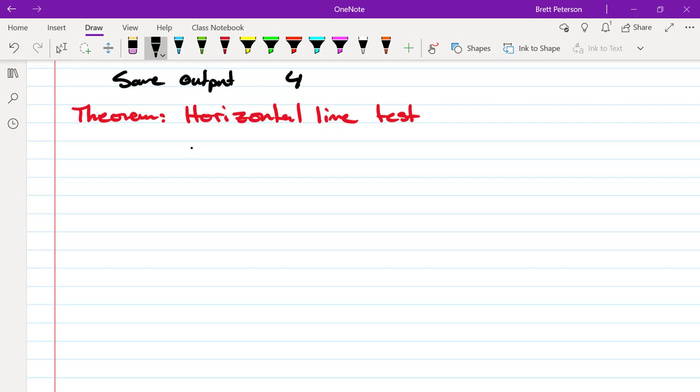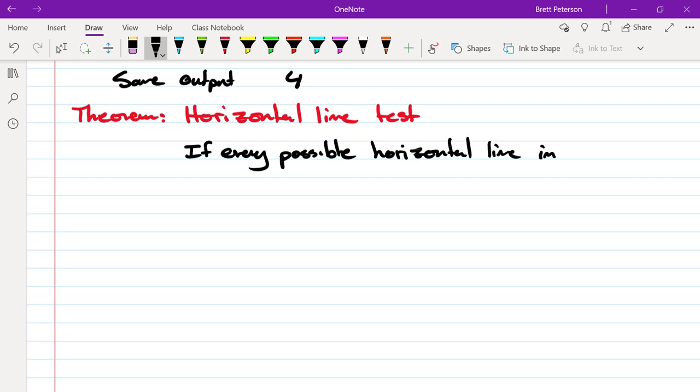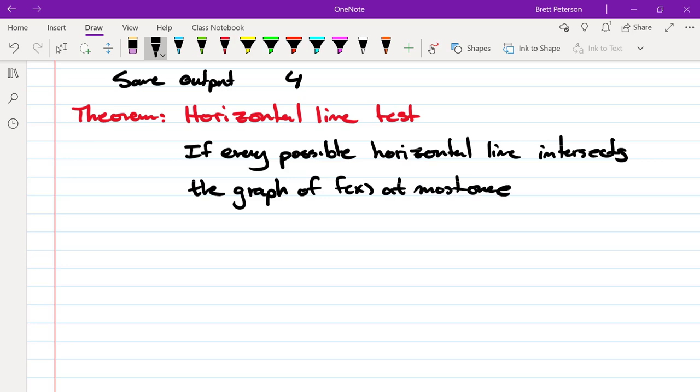And it says if every possible horizontal line intersects the graph of f of x at most once, then f of x is a one-to-one function.